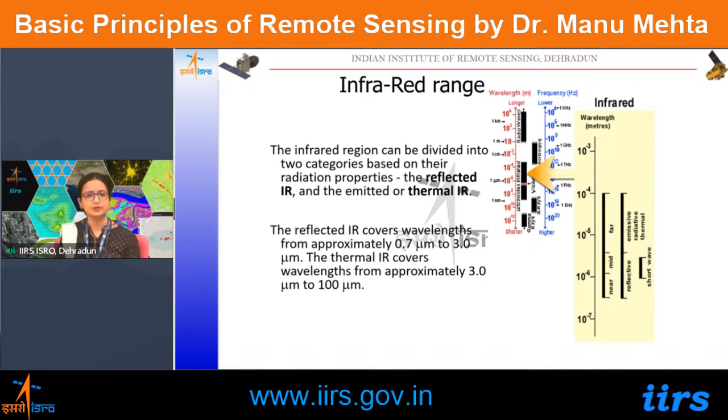The rest of the IR, that is 3 to 100 micrometers, is mainly emitted or re-emitted from the objects. So we do thermal remote sensing or emissive remote sensing in this range. We call it the thermal IR region, from 3 microns to 100 microns.